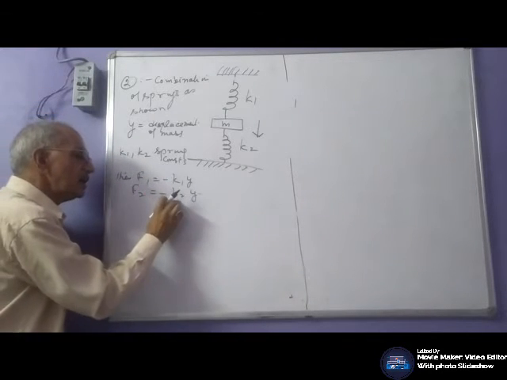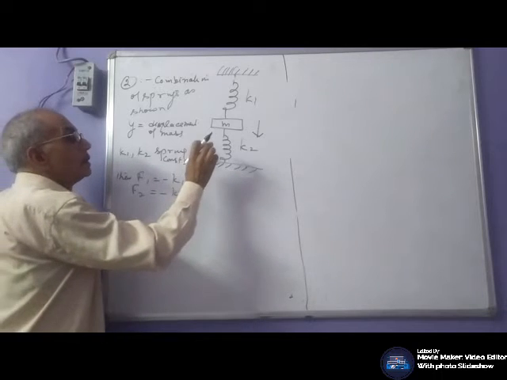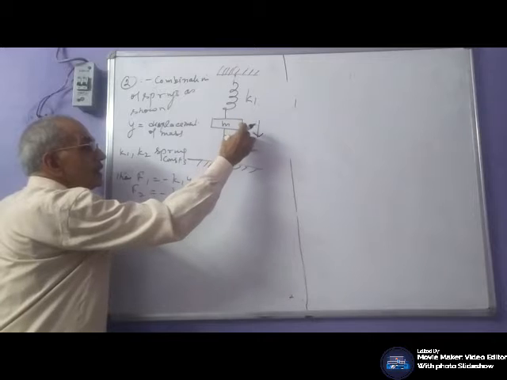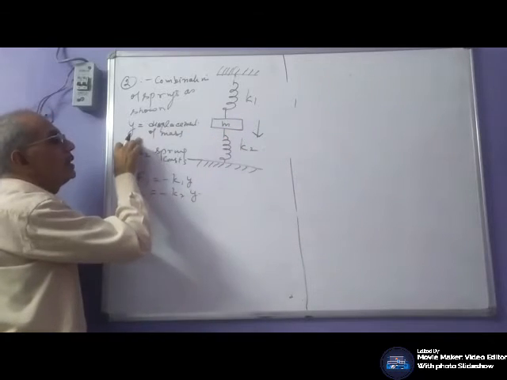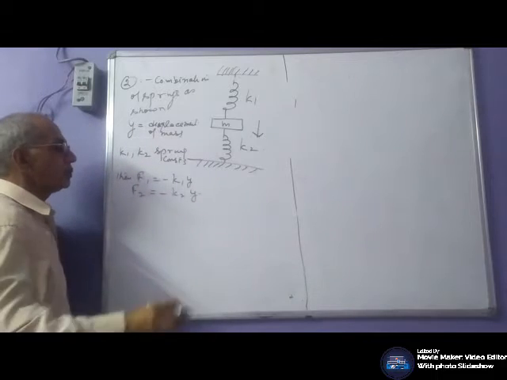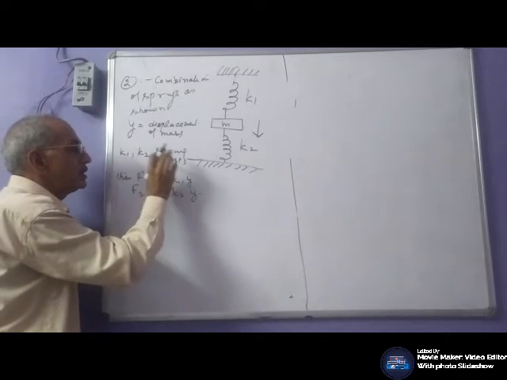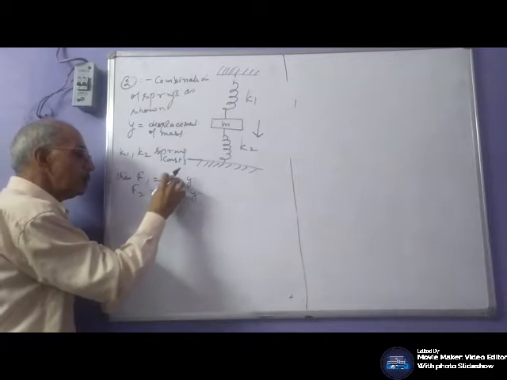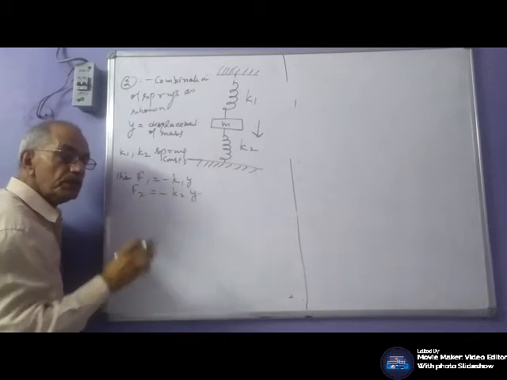As these are different, the displacement is the same: this spring decreases by y, this spring increases by y. The change in length in both cases is the same, but the springs are different, so forces will be different.